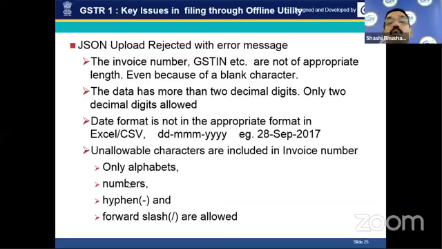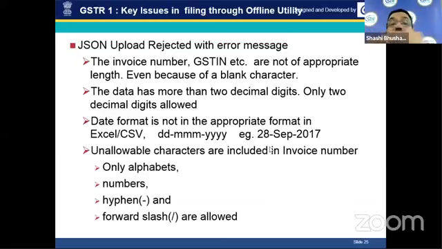But when they upload this file, our GST system rejects the file and says the JSON has not been uploaded because it doesn't conform to the structure that is acceptable to the system. A different message says that you should check the data again.